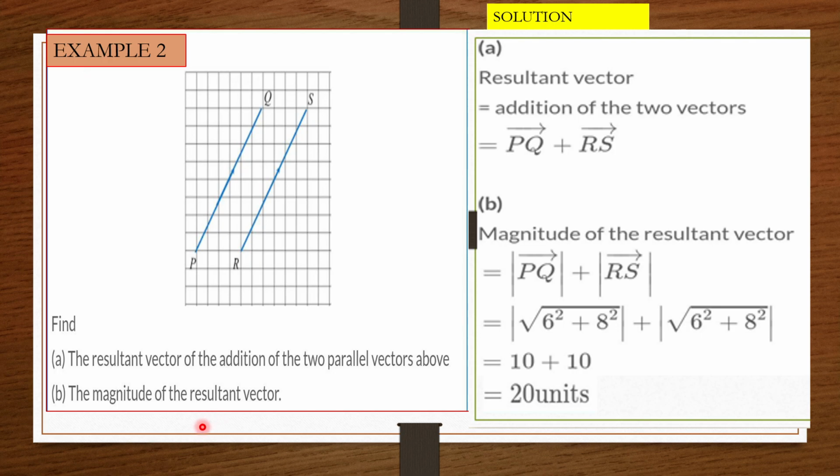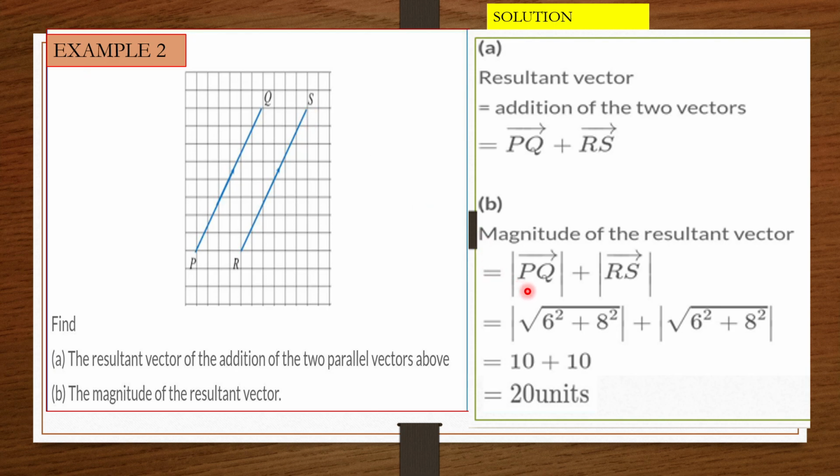Example 2. You are given a diagram with vector PQ and vector RS. First question, find the resultant vector. Therefore, the resultant vector equals PQ plus RS. The second question, you are asked to find the magnitude. Please take note.